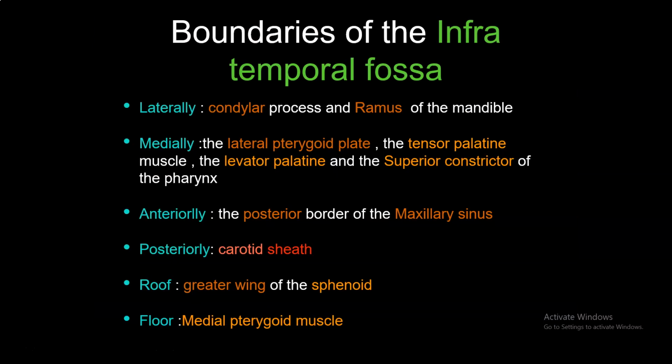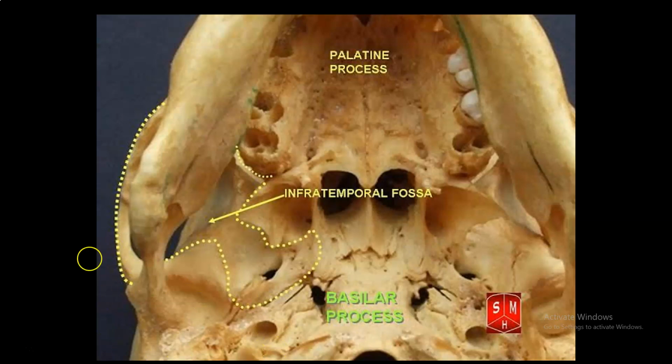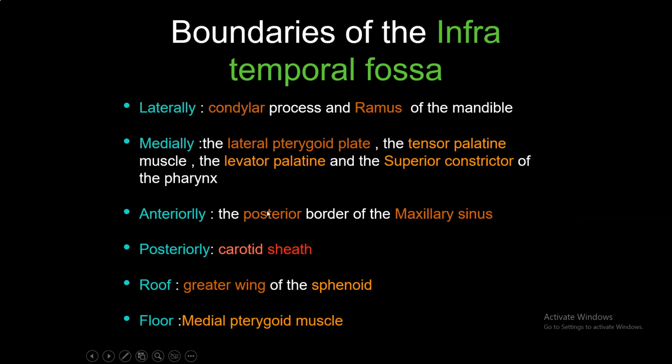Medially, as we said, is the lateral pterygoid plate containing the tensor palati, tensor tympani, and also the superior constrictor of the pharynx. Of course, what is medial here is the pharynx, the lateral pterygoid plate, and the tensor palati and tensor tympani muscles.